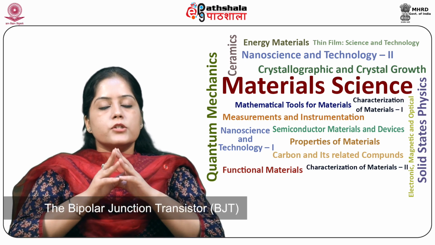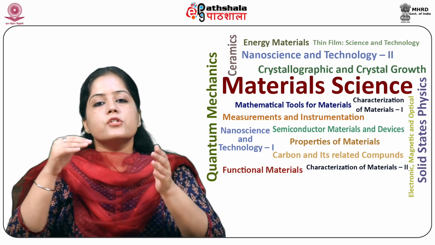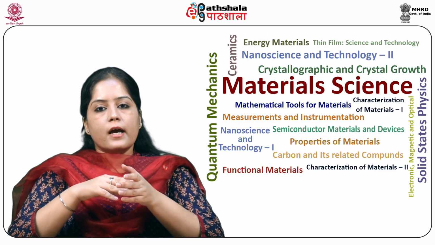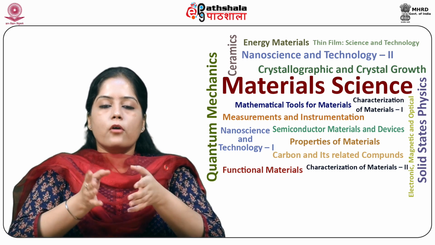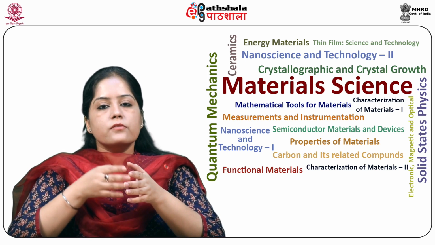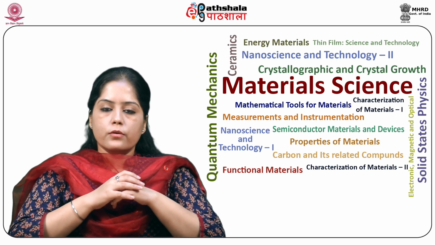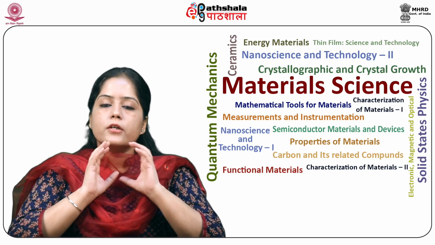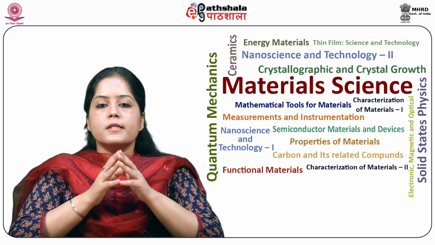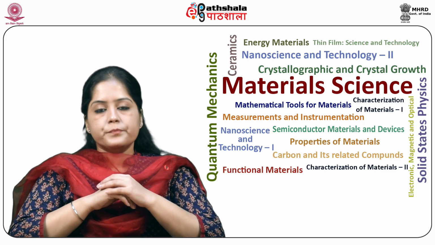The bipolar junction transistor, BJT, uses the injection of minority carriers across a forward biased junction, and the junction field effect transistor discussed in this module depends on the control of the junction depletion width under reverse bias.